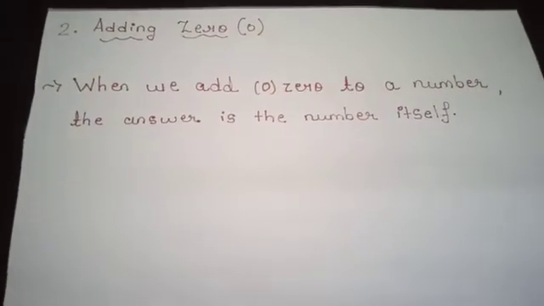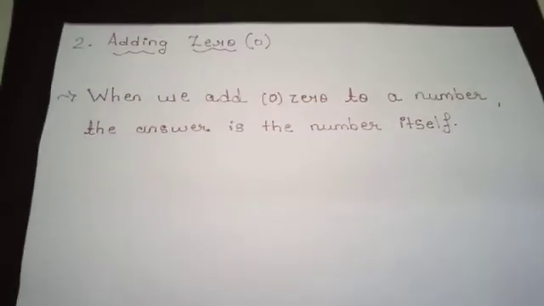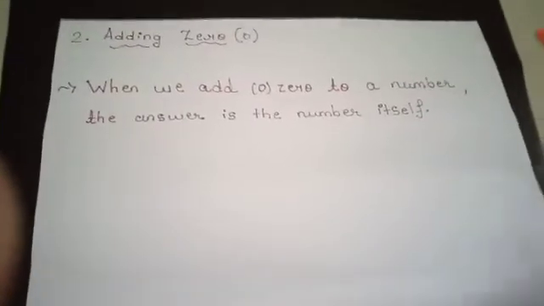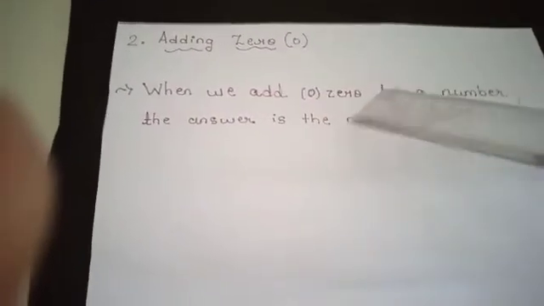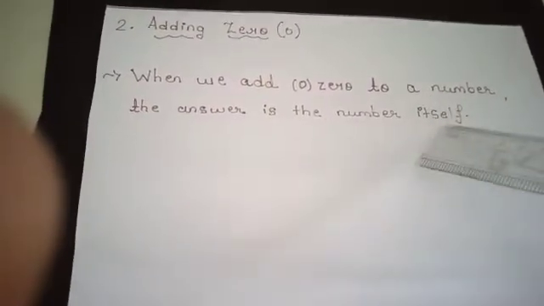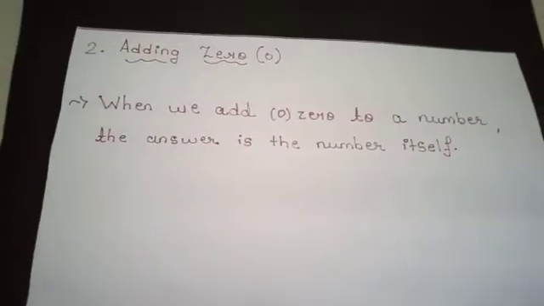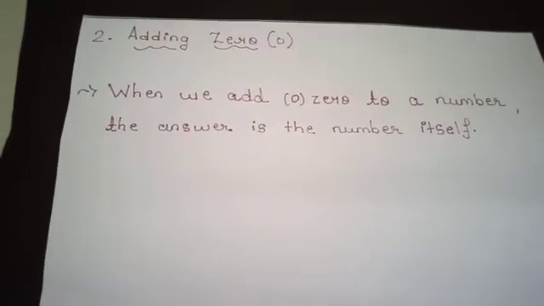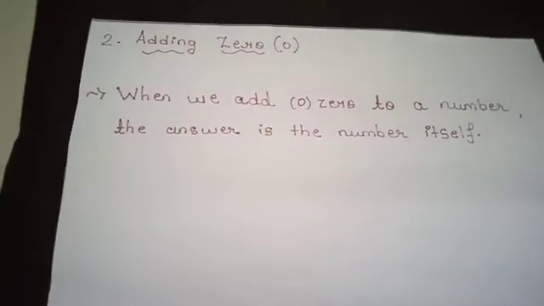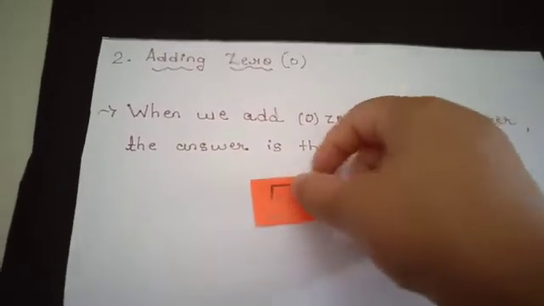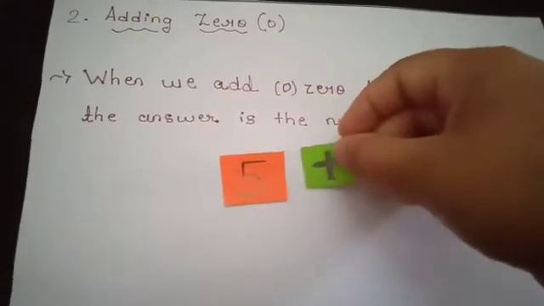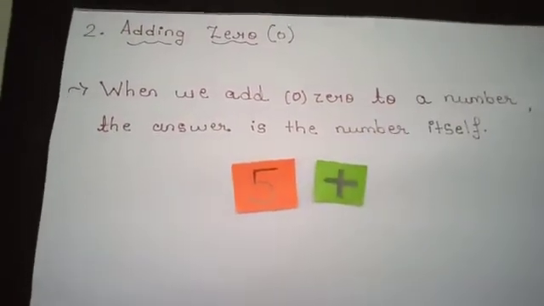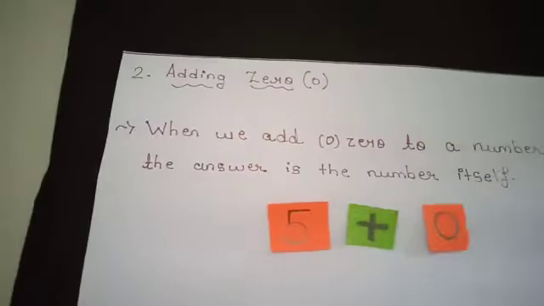Let us discuss another property, adding 0. When we add 0 to a number, the answer is the number itself. Let us understand this through an example. I have 5 with me and I will add 0 to 5.